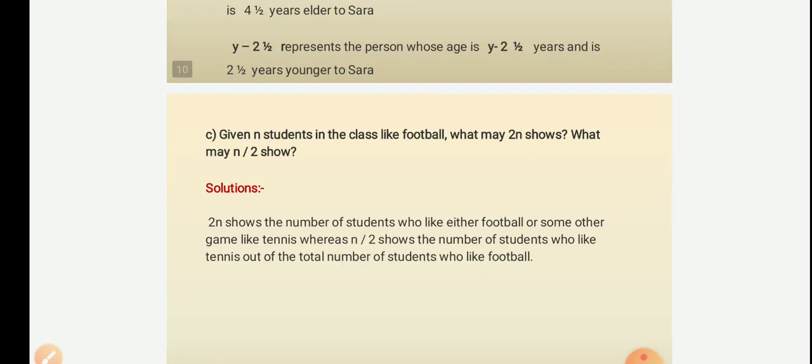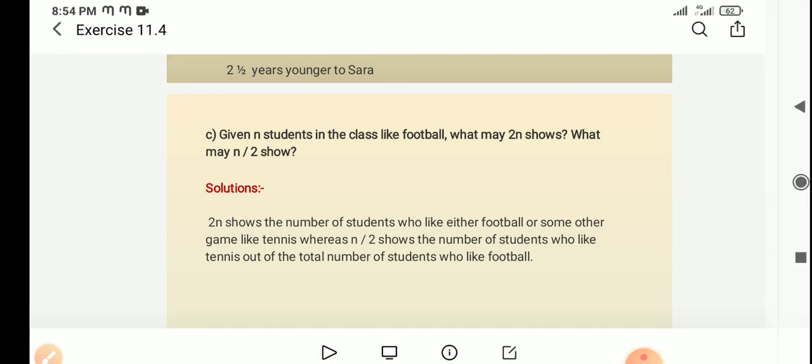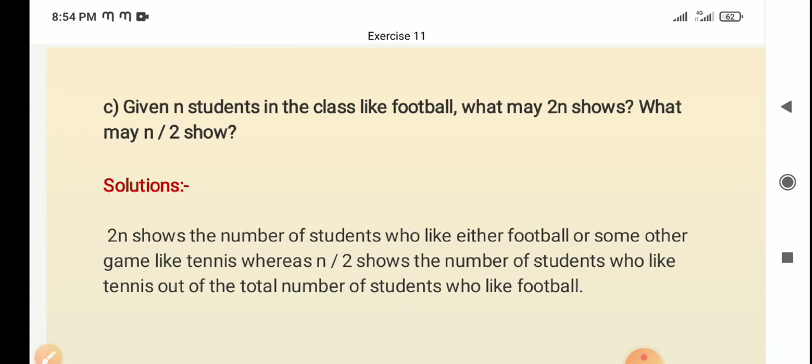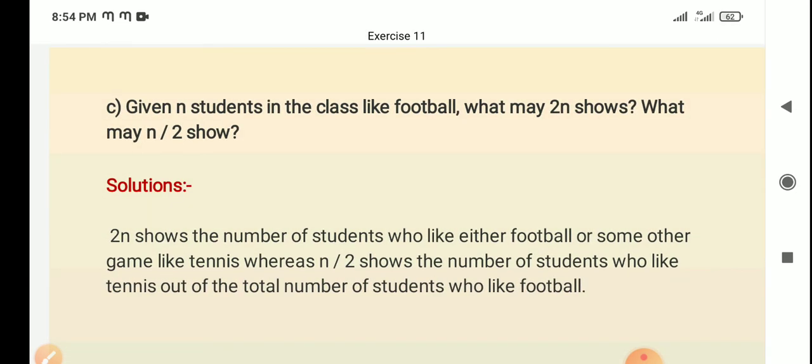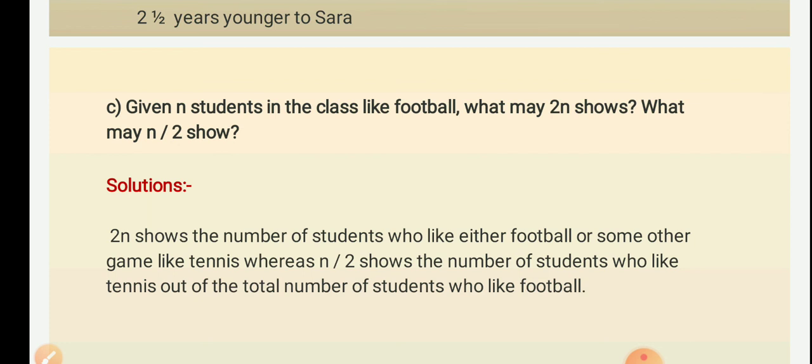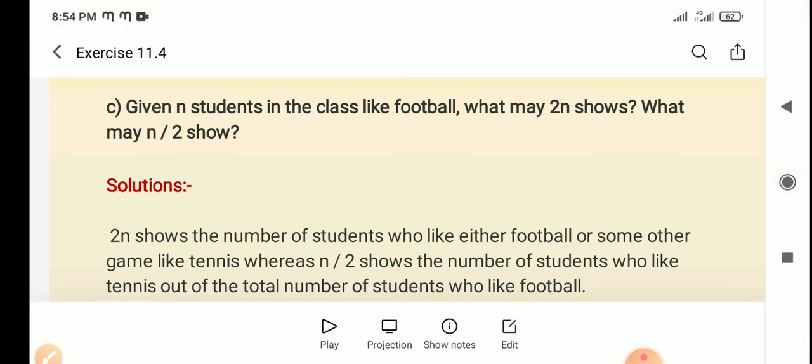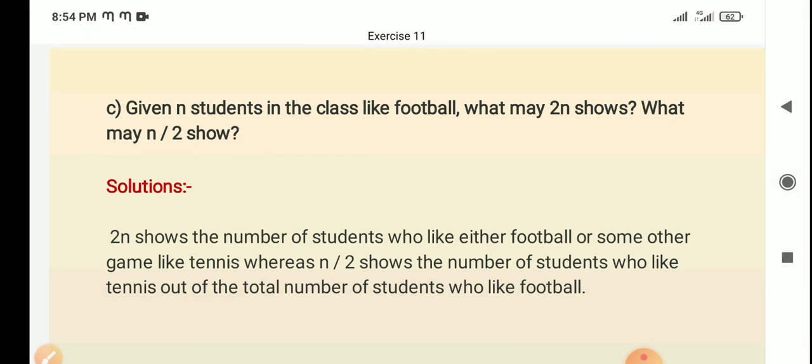Given n students in the class like football, what may 2n show and what may n/2 show? Now here 2n means 2 times. 2n shows the number of students who like either football or some other game like tennis, because here n students in the class like football.